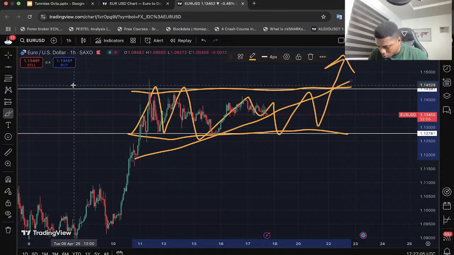What currency do you want us to trade? Who is going first?